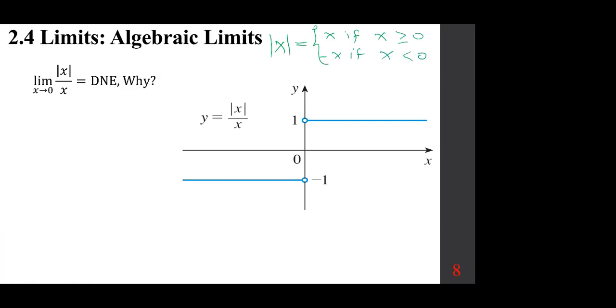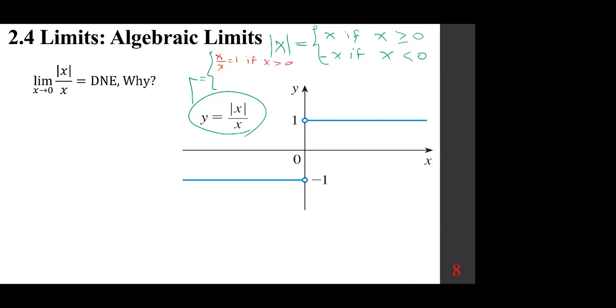Therefore, if you want to evaluate this one, you are going to write, let me use a different color. This is x over x equals 1 if x is larger than 0.